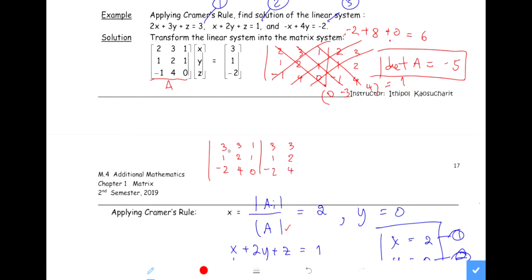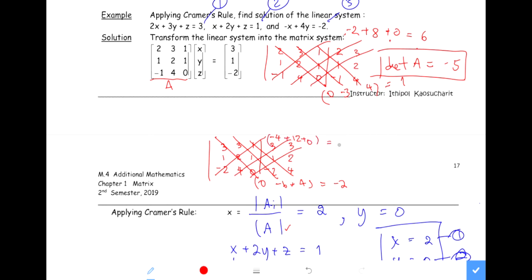So you go again: down 0, down minus 6, down is 4. Add all of them. It's minus 2. Up is minus 4, up is 12, up is 0. Add all of them.